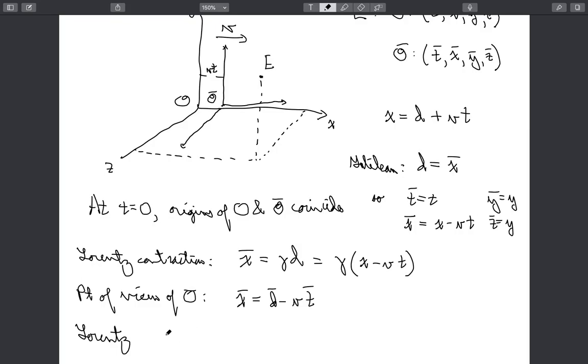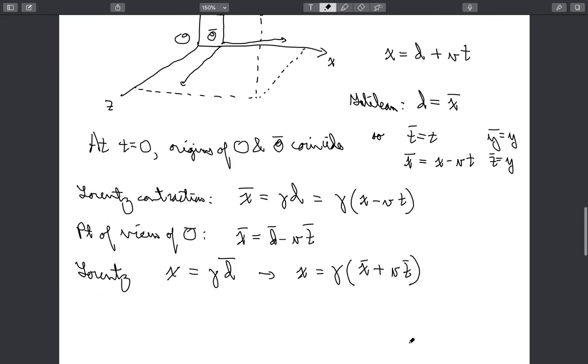The coordinate seen in the original reference frame has to be related by the factor gamma to the d bar seen in the O bar frame. And that tells us that x is equal to gamma times, if I isolate d bar from this relationship, x bar plus vt bar.